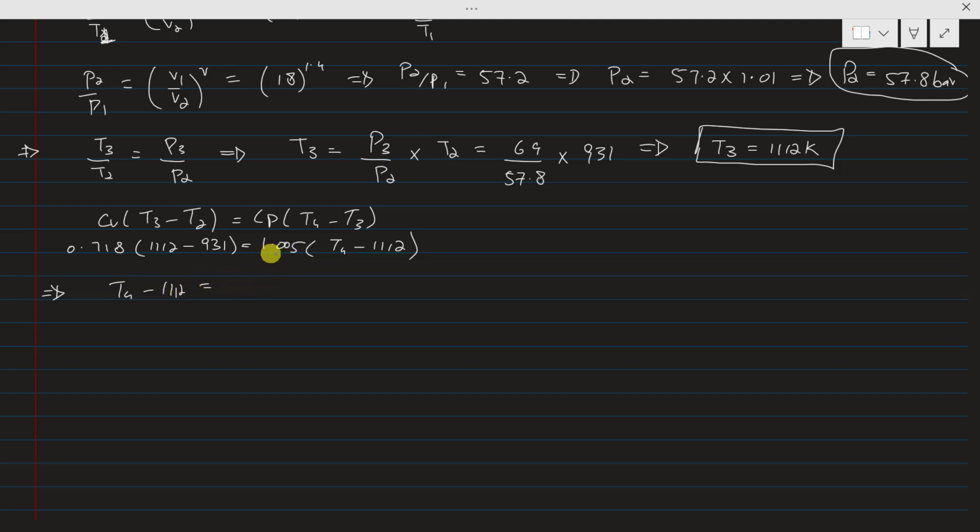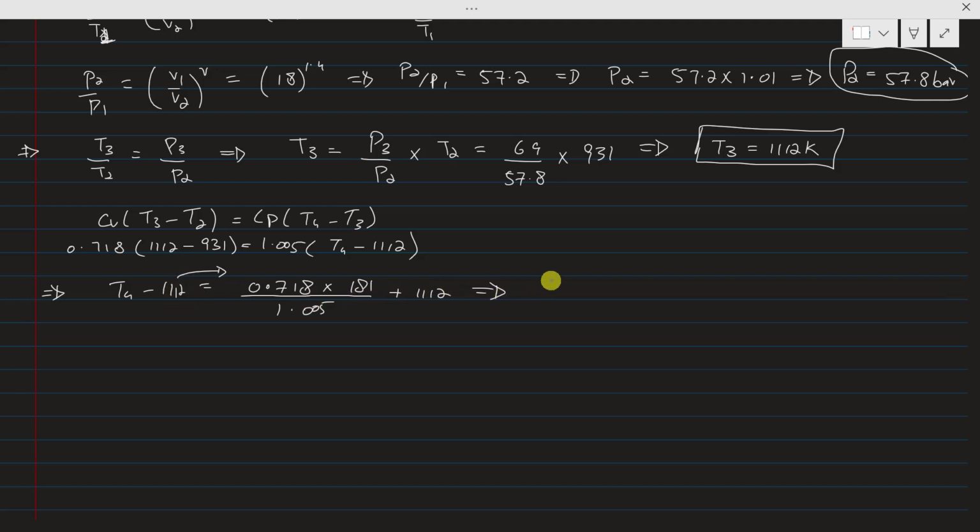Divide both sides by 1.005, so you get 0.718 into 181 divided by 1.005. If you transfer this value to that side, it will become a plus sign.